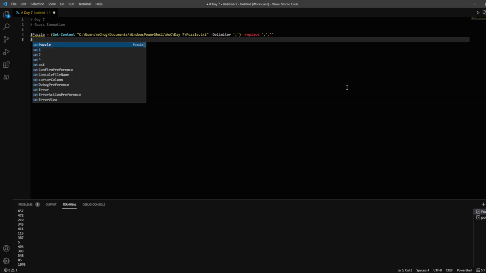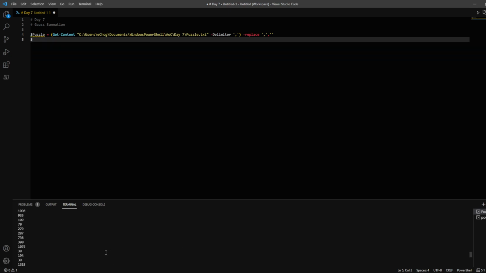But if we look at this puzzle input, we have a quick issue. If we do puzzle 0 dot, oops, not O, 0, GetType. This is a string. I can't use a string to figure out if it's greater than or less than something else.